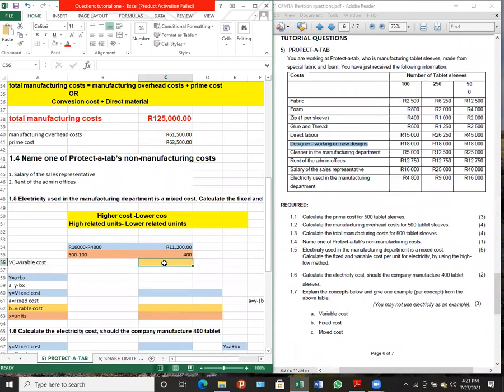How much is our variable cost, guys? Can I explain my calculation, or does everyone understand how I arrived at 28 rand? Everyone understands.